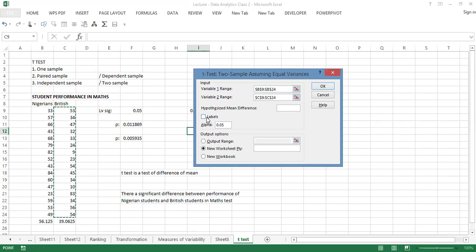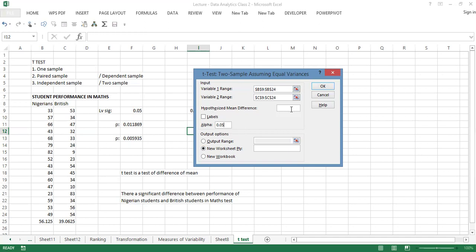Then these labels, if you notice, I didn't select the headings. Therefore, I have to deselect. I'm not supposed to select this. If I select labels, which means I also included the heading, right? Well, I didn't do that, so this needs to be deselected. This is the significance level you are using, which in our case is 0.05. Then, where do we want the output to be positioned?